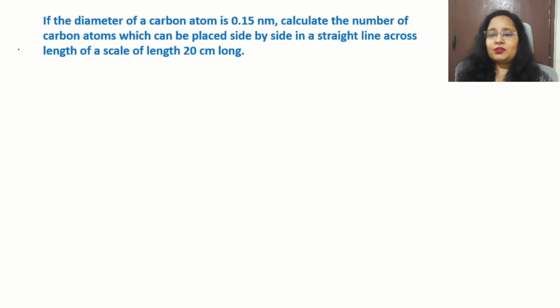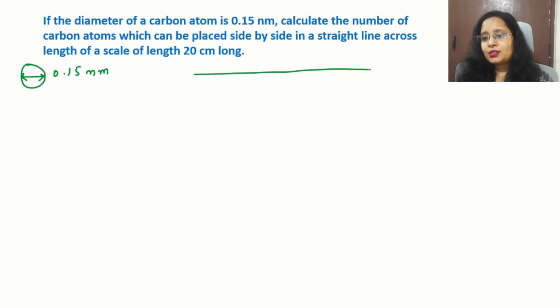So here in this question, they are telling that suppose this is a carbon atom. So its diameter, meaning this distance, is 0.15 nanometer. And they are telling that if we have a 20 centimeter long scale, suppose this is a 20 centimeter long scale, this length is 20 centimeter.